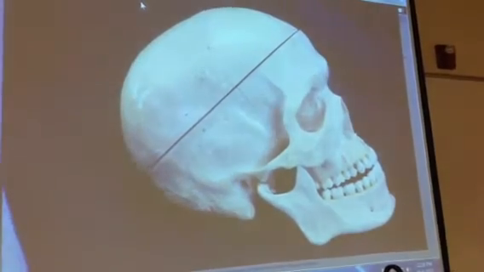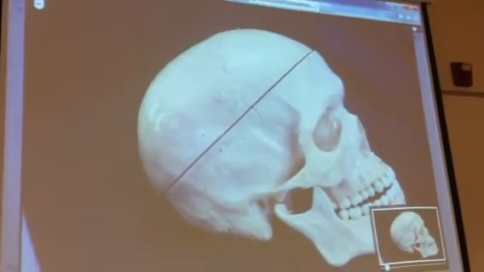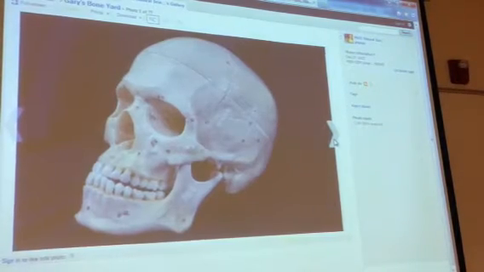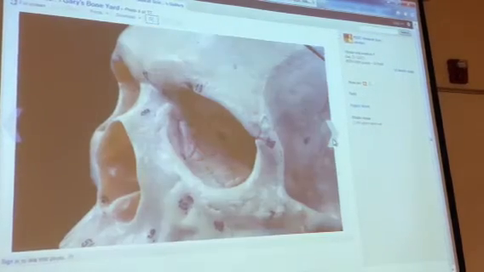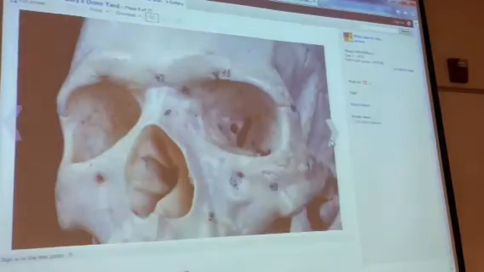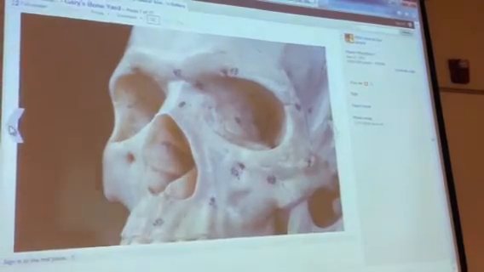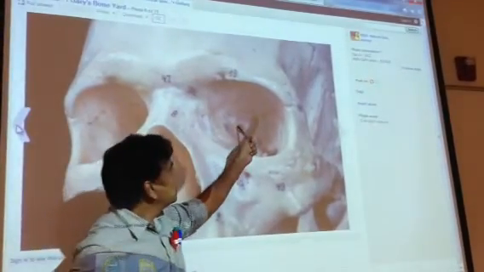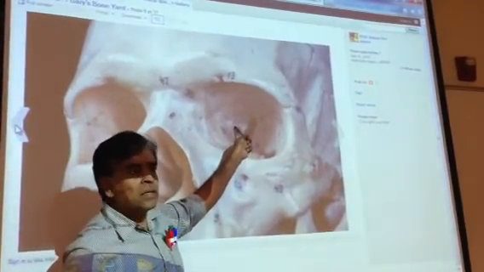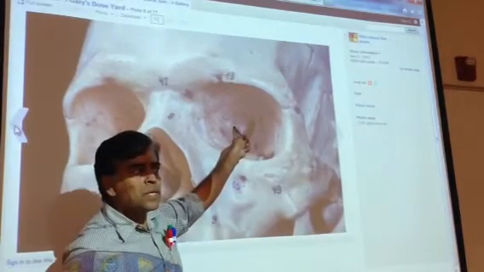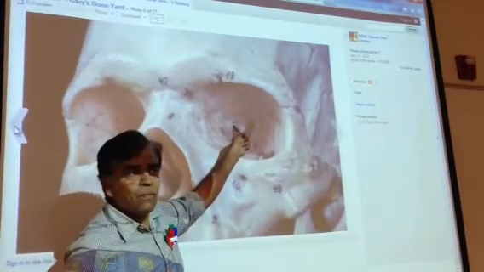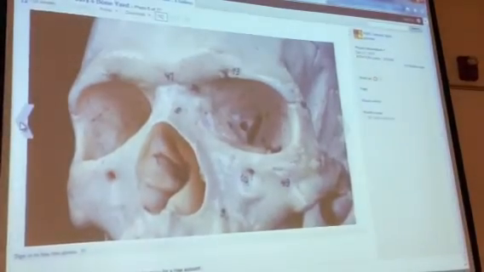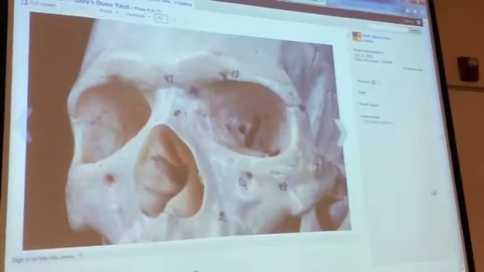Let's change the view. You see inside the orbit, you see a hole back there. What is that? Optic foramen or canal. Passage is the canal, the hole is the optic foramen.